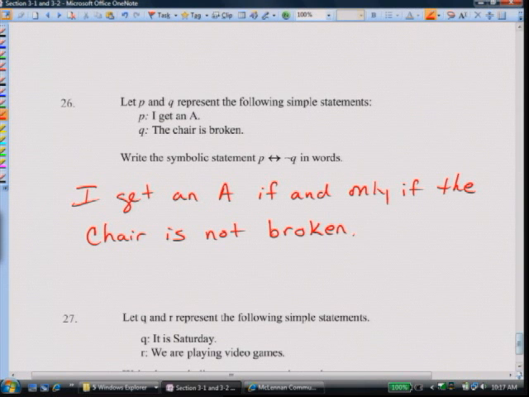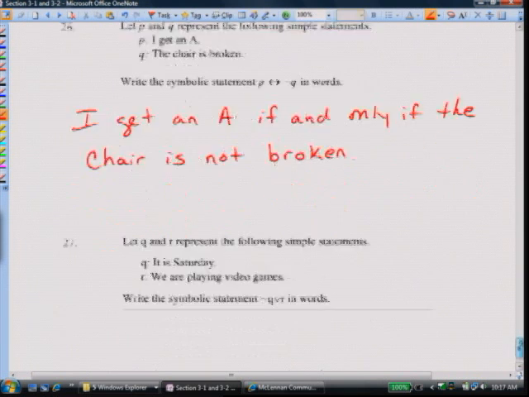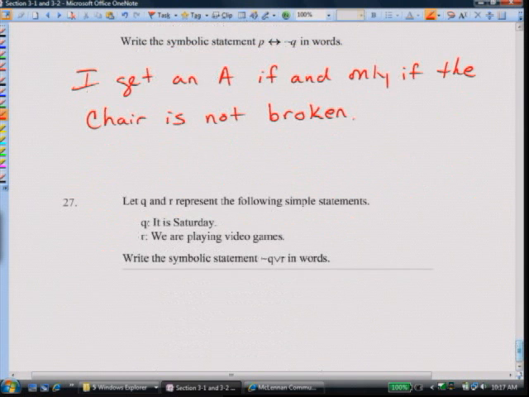Okay. Let Q and R represent the following simple statements. Q: it is Saturday. R: we are playing video games. Write the symbolic statement not Q, and what was this, what's this V? Or. Remember, the and looks like an A, so that's the or.